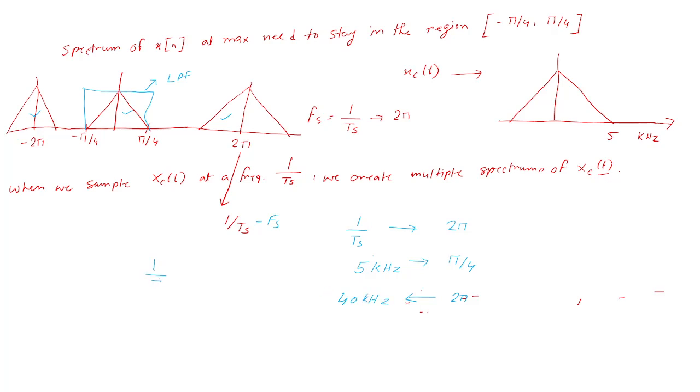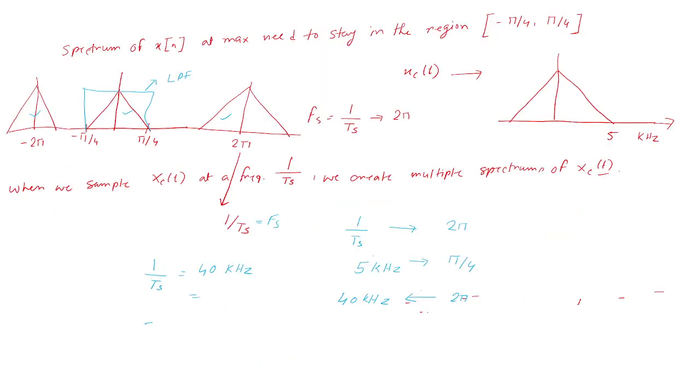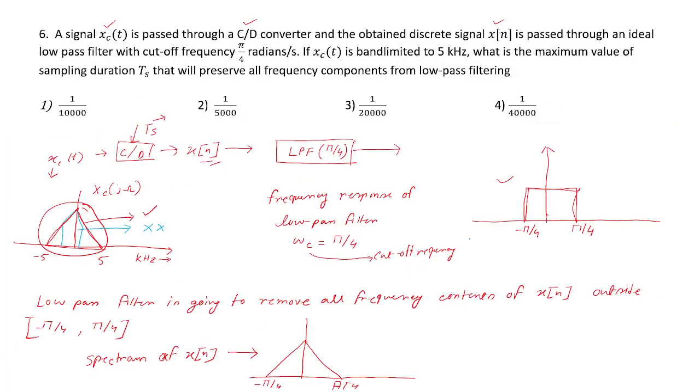So 1 over Ts is supposed to be 40 kilohertz, or my sampling rate Fs should be 40 kilohertz. That means in other words Ts is 1 over 40,000. I messed up here somewhere, so let me clear the things once from the beginning.